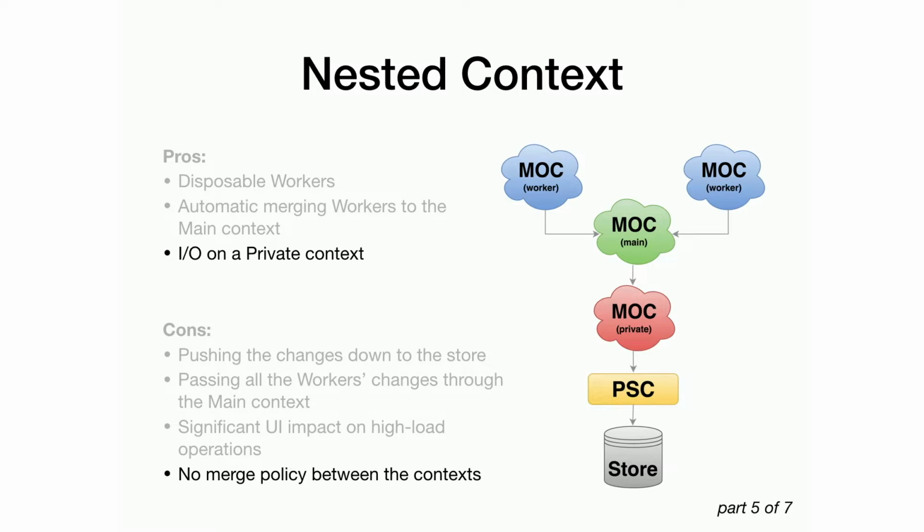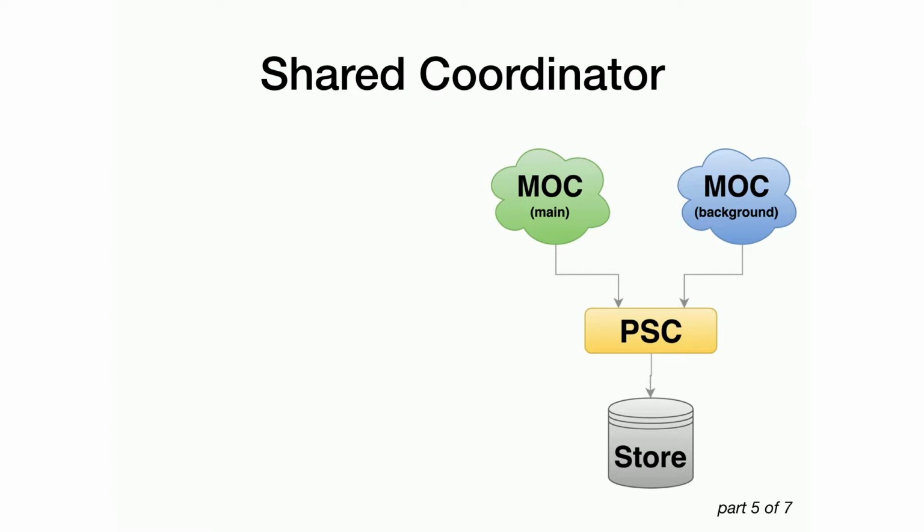Let's move to some parallel connections. Here is the classic example of the shared coordinator model. We have two or even more independent contexts sharing the same coordinator. Because the contexts are independent, they don't influence each other much. So if we have some background processing, storing data all the time from the background to the store, it still doesn't influence the main context.